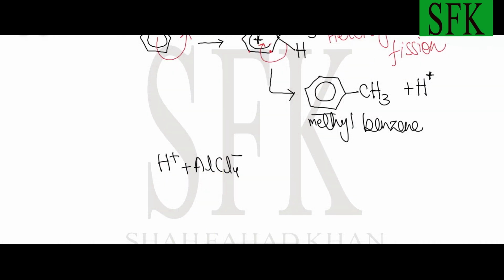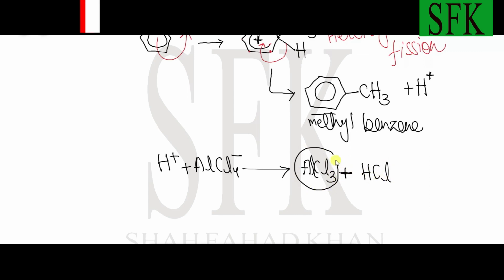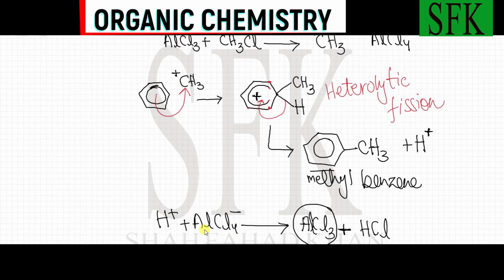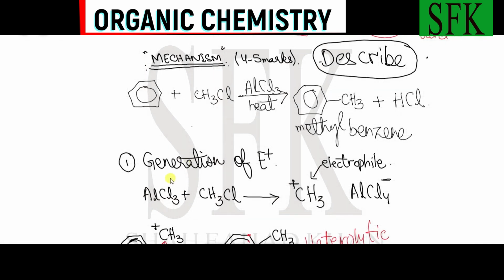The hydrogen atom will combine with it, and it will remove a chlorine atom from the AlCl4 negative, and hence AlCl3 will be left, and HCl will be formed as the byproduct. This AlCl3 over here, we saw it in the beginning. We saw it over here while generating the electrophile.